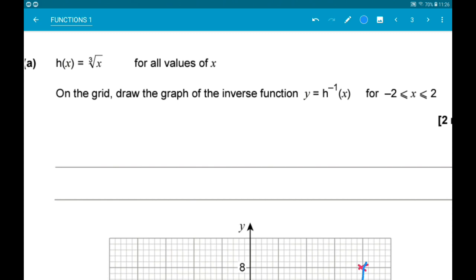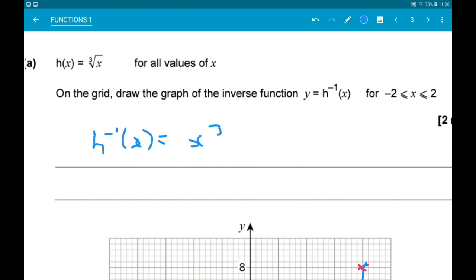Now, in the original function, only one thing is happening to x. It's being cube rooted. So the inverse is just the opposite of that. So the opposite of cube rooting is to cube. So h inverse is x cubed.